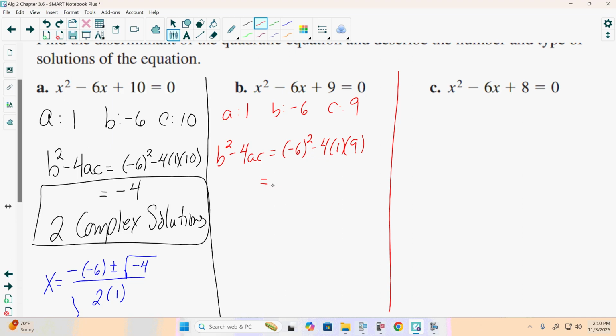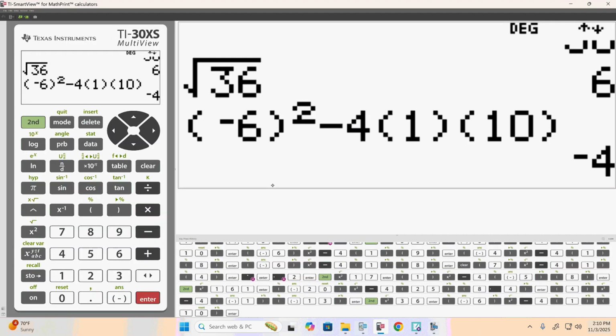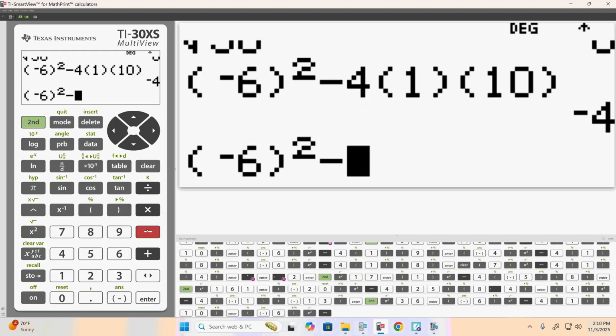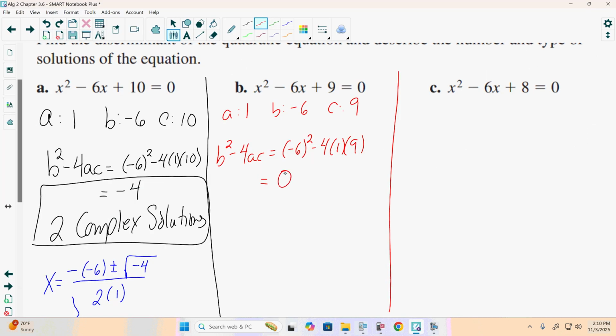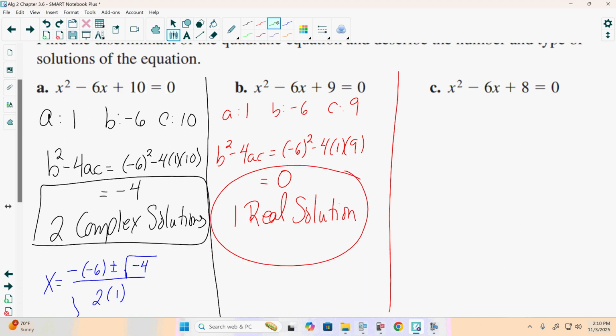We can plug it in, and 6 squared minus 4 times 1 times 9 is 0. So since it is equal to 0, it tells us we have what? One real solution. Because the discriminant is equal to 0, it tells us we have one real solution.